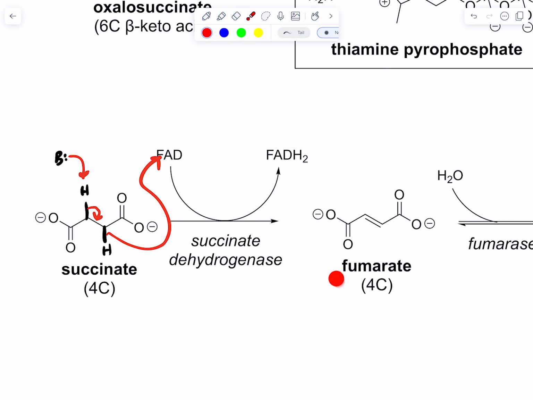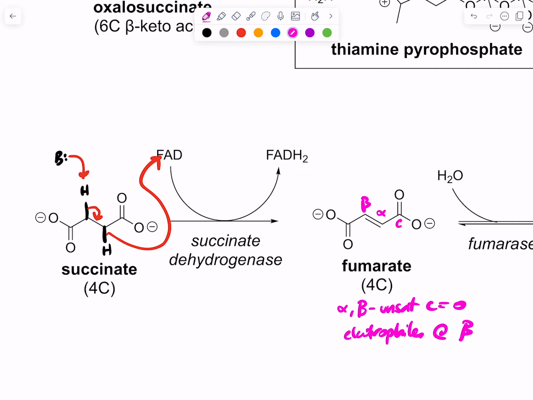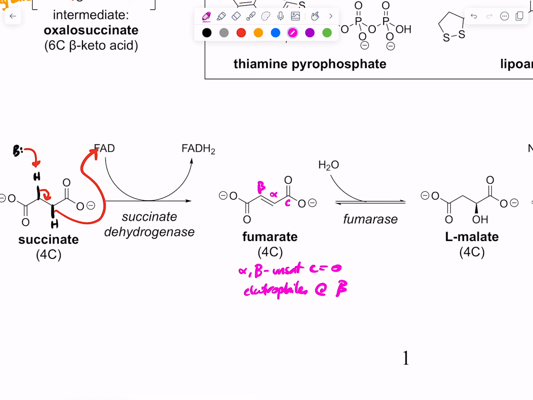That generates fumarate, which is another example of an alpha beta unsaturated carbonyl compound. And as we've talked about above in the isocitrate step, alpha beta unsaturated carbonyl compounds are electrophiles at the beta carbon. And of course, this one is alpha beta unsaturated in 2 different directions, and the beta carbon being electrophilic. So we're going to see water act as a nucleophile, attack the beta carbon, and then protonate on the alpha carbon.